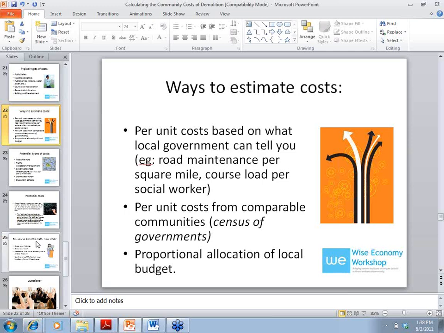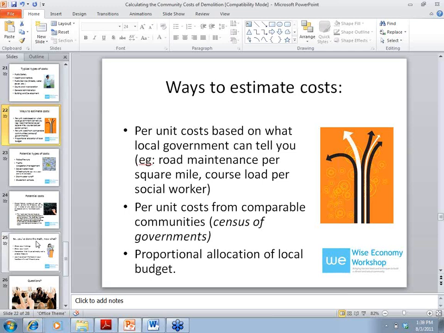And the Census of Governments will actually give you a summary of the main funding items that various different local governments have taken on. It's self-reported data, so you have to be a little bit careful with it. But it is a source of data.